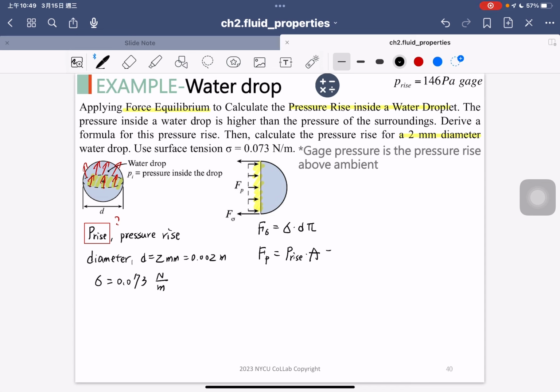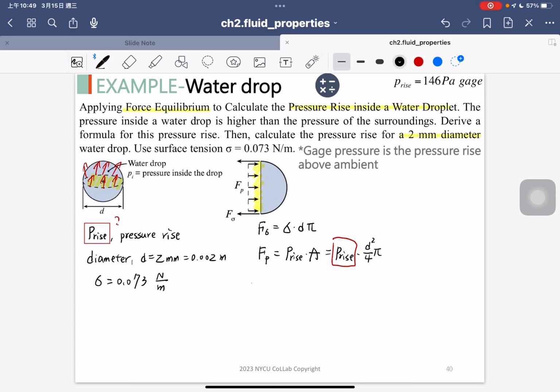But we don't know the pressure rise. But we actually know the circle area is pi d squared over 4, right? Because the yellow color in here is the circle area. Okay, so the only unknown parameter here is the pressure rise. So we make the force balance.